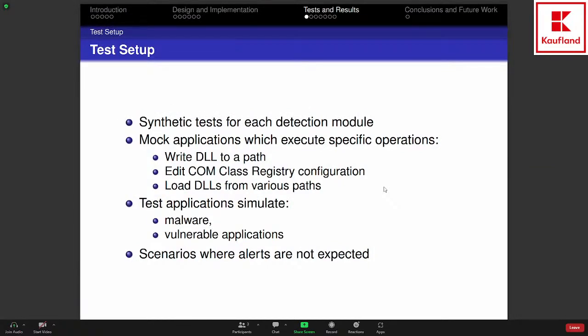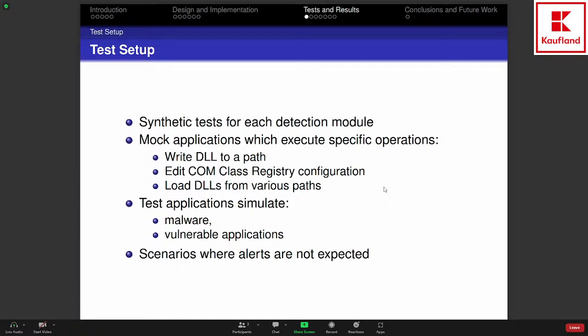For the testing of these monitors, first we implemented synthetic tests. No, we didn't write any malware. A synthetic test performs strictly the action which is targeted by the monitoring component, for example, writing the DLL, or editing the COM class registry configuration.